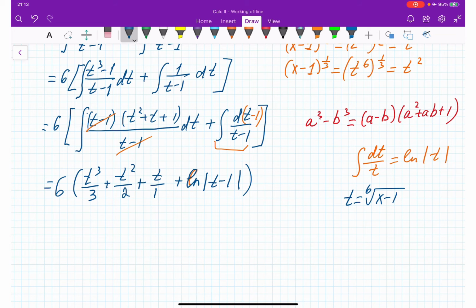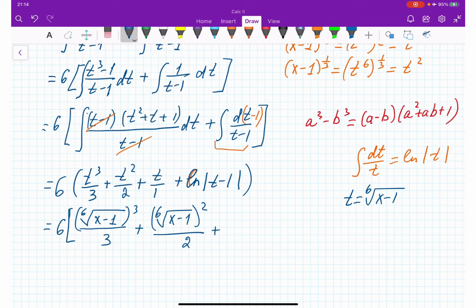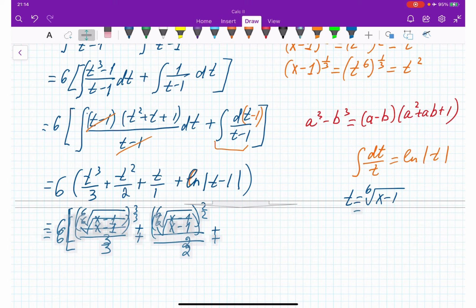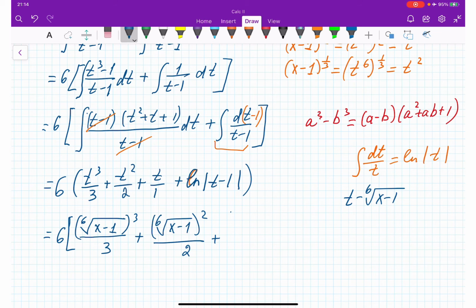So we are going to have 6 times radical degree 6 of x minus 1, cubed, over 3, plus radical degree 6 of x minus 1, squared, over 2, plus radical degree 6 of x minus 1 over 1, and plus logarithm of radical degree 6 of x minus 1, minus 1.